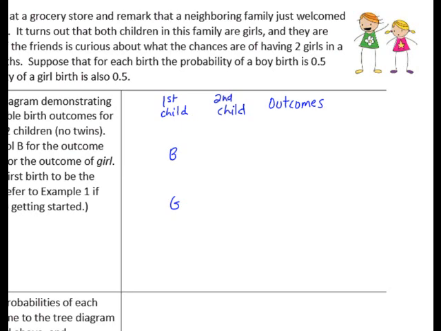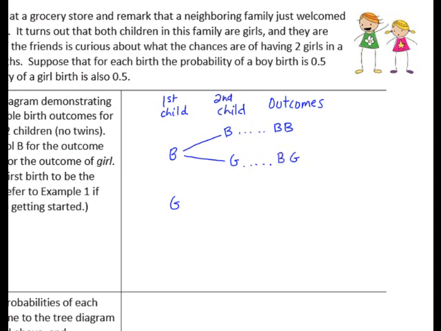Then your second child can also be a boy or a girl, and that branches out from your first stage. So here we have boy, and the second one could also be a boy, or you could have a boy for the first child and then a girl for your second child. Then those outcomes would be boy, boy, and boy, girl.